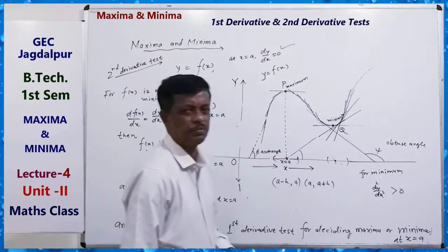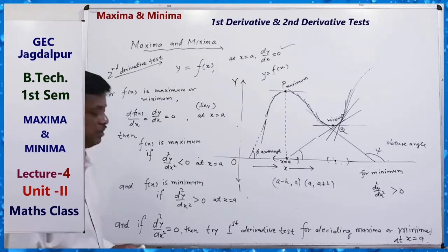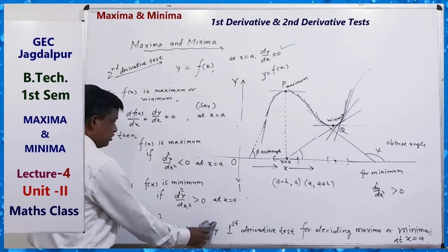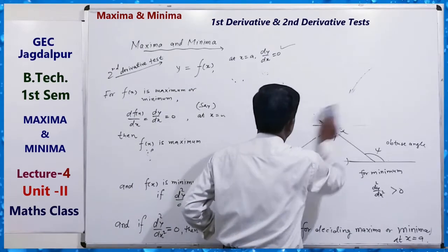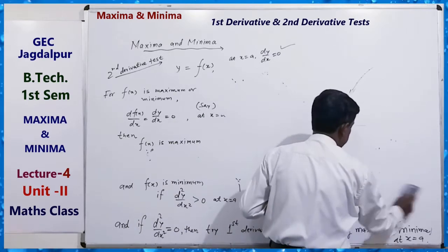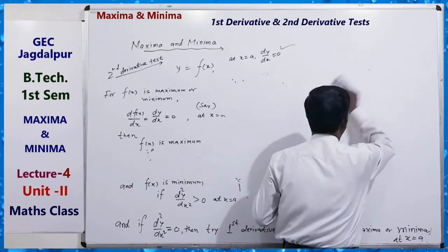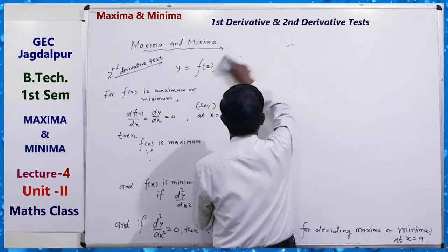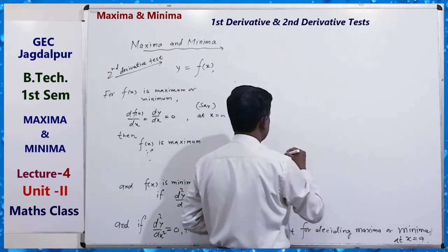Okay. This is the simple formula for finding the maximum or minimum value of a function and the points at which the function is maximum or minimum. And there are also some points on the curve at which the function is neither maximum nor minimum, where there is no change of derivative, just like this. Suppose we have a curve like this.